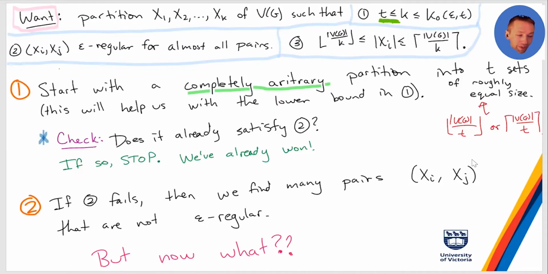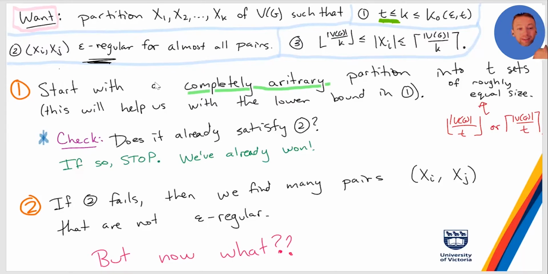Obviously, if you got really lucky, at this point you should check: does it already satisfy the second condition, that practically all of the pairs xi, xj are epsilon regular? If somehow your arbitrary partition satisfied condition 2, then you just stop, because it already satisfies the conditions.